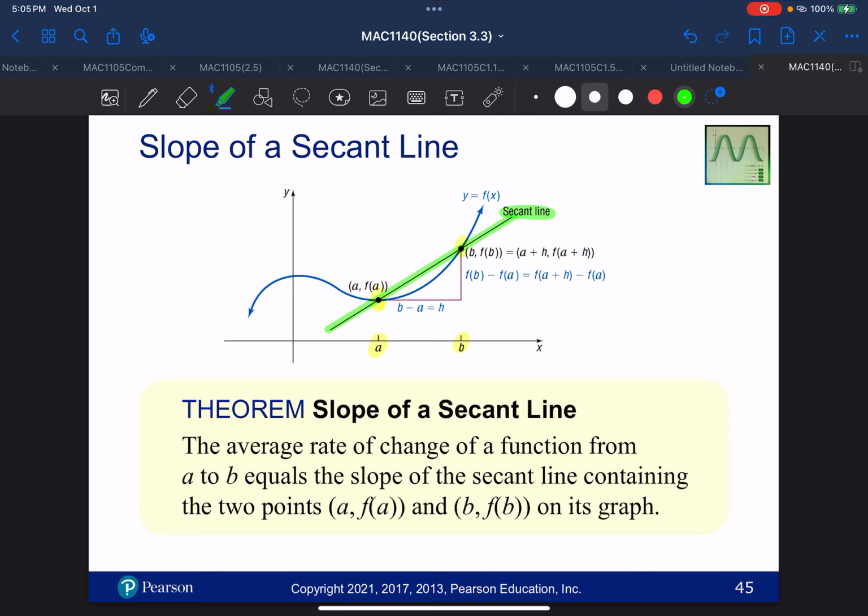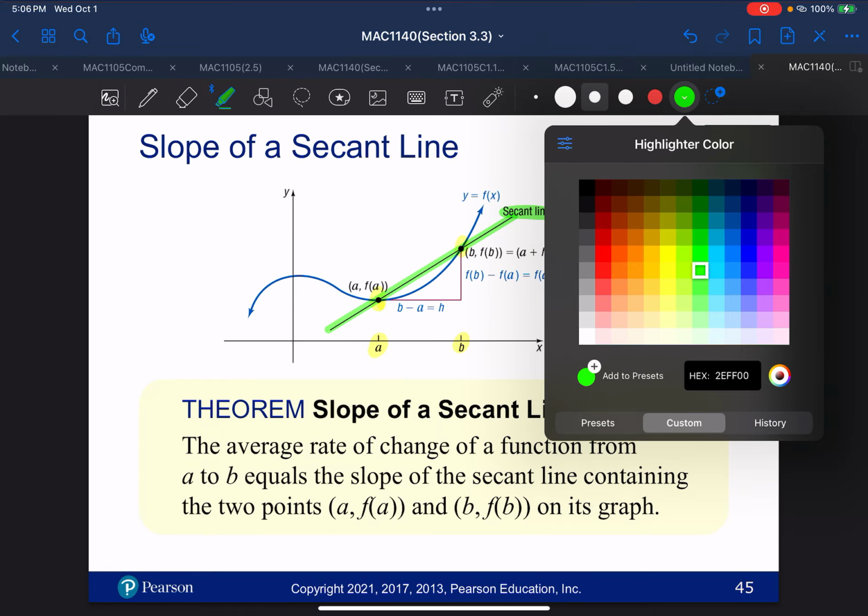Secant line just means a line that crosses a function at 2 points. So when we're finding the average rate of change of a function from A to B, we're really finding the slope of the secant line containing those 2 points.